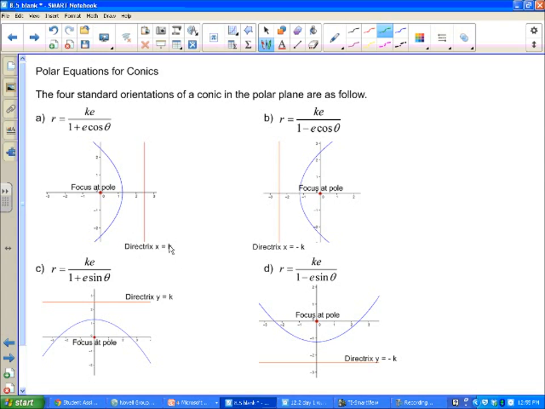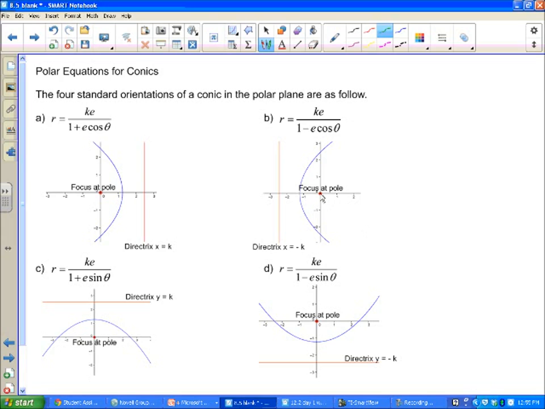Here on A, the directrix is x equals a positive number for k, and so that means that we're going to use this formula, where k is the number we have for the equation of the directrix: r equals ke over 1 plus e cosine theta, where e is our eccentricity. You can remember this pretty easily, because if x is a positive number for our directrix, then cosine and x go together, and this is a positive on the bottom.